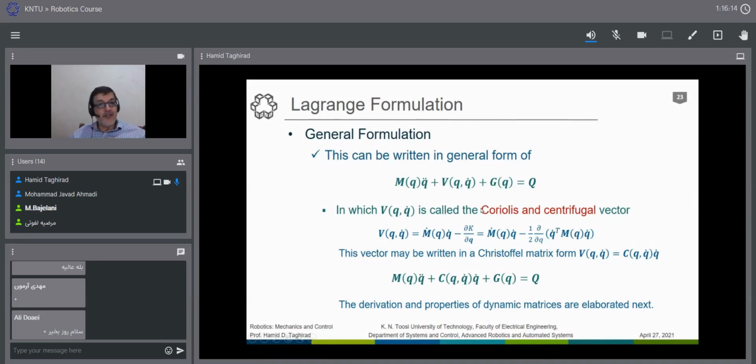You remember the acceleration that we had before in the first slide of this chapter, with two terms. We have some omega squared terms or V squared terms that are the centrifugal terms, and some V times omega or omega cross V terms that are the Coriolis terms.